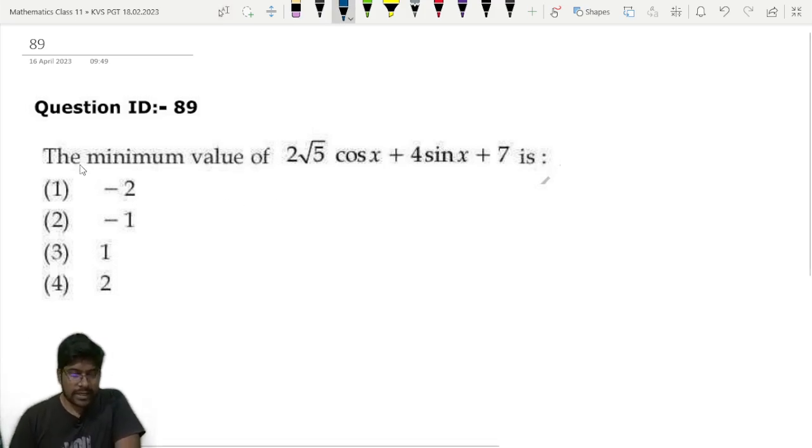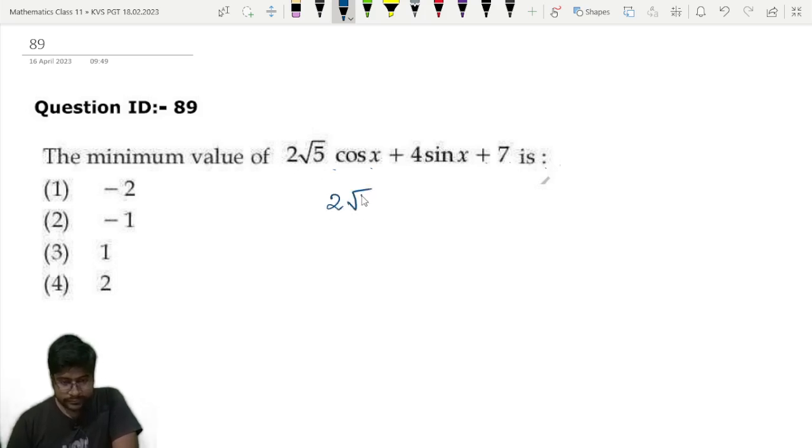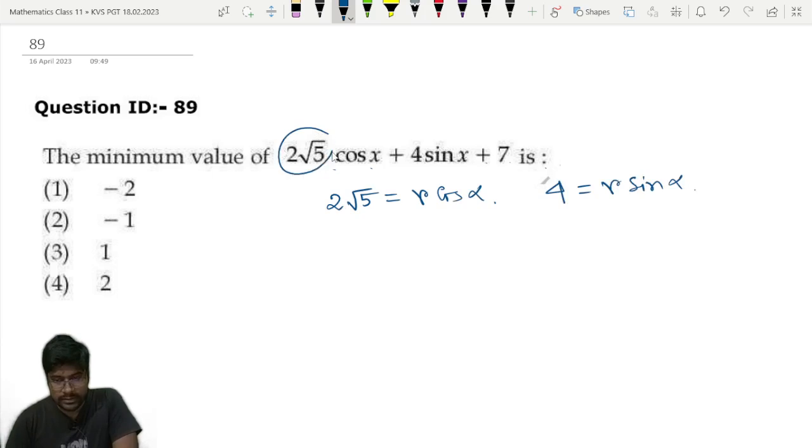They are asking that the minimum value of 2 root 5 cos x plus 4 sin x plus 7 is what? So for finding the minimum value, just take 2 root 5 is equal to r cos alpha and 4 is equal to r sin alpha.